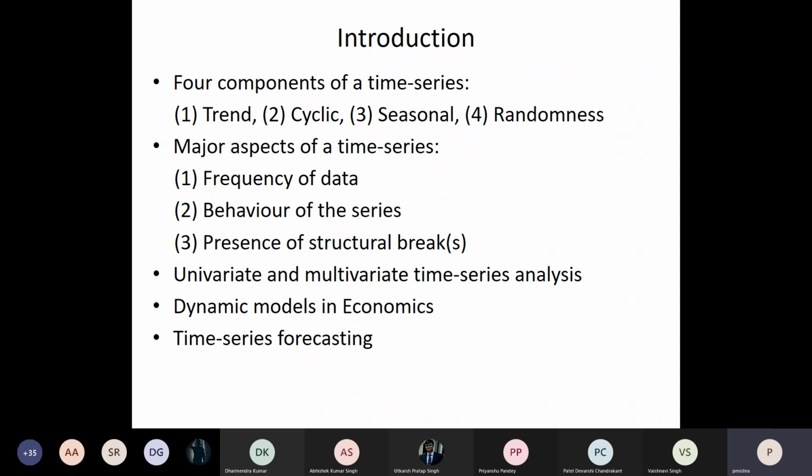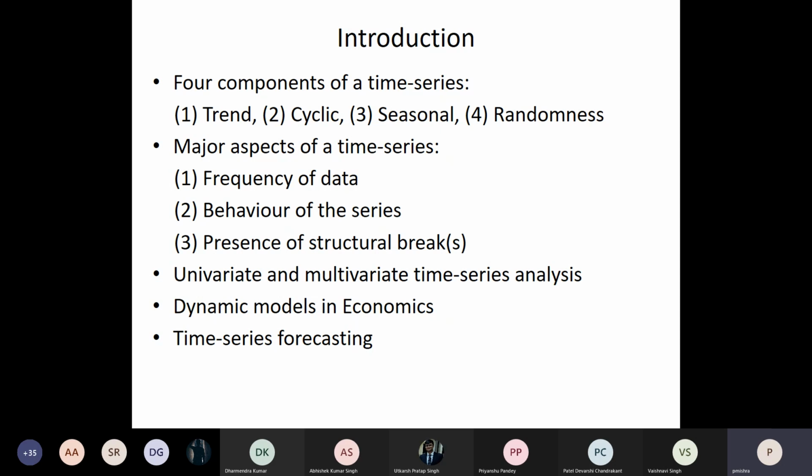But another important dimension is basically the dynamic models in economics. Again, this is a very, very important component of econometrics. In econometrics, we discuss some such dynamic models in detail.